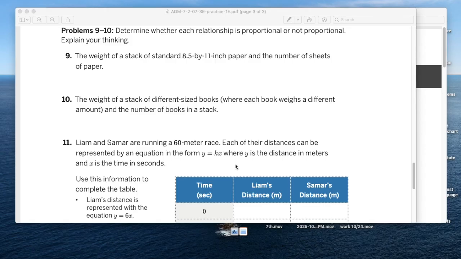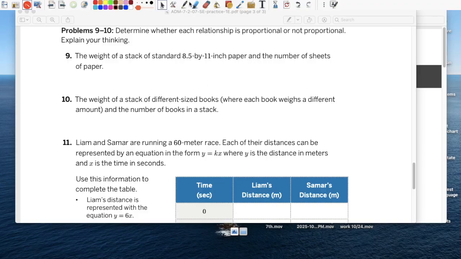9, 10: the weight of a stack of standard 8.5 by 11-inch paper and the number of sheets of paper. Well, let's see, the weight. If you look at a ream of paper, here is the ream of paper, and there are 500 sheets in here.